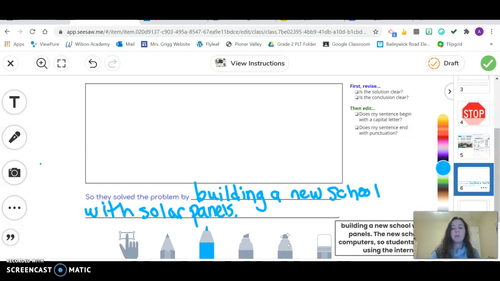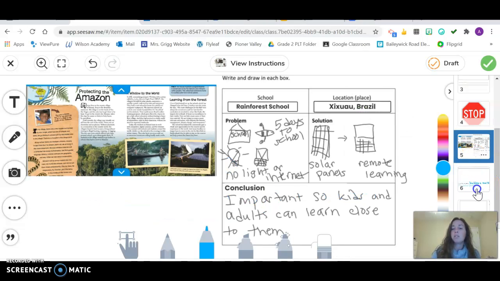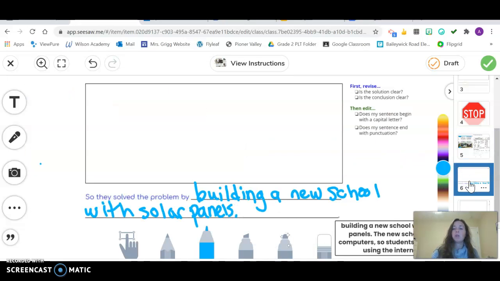Now I'm going to add on to my idea so that I can use some more information from the text and tell my reader a little bit more about how this connects and how this is a solution, how this worked to solve the problem. So I'm going to talk about how the new school had computers so that they could learn using the internet. Right here I showed that as a picture and I wrote remote learning because I've been hearing that word a lot.